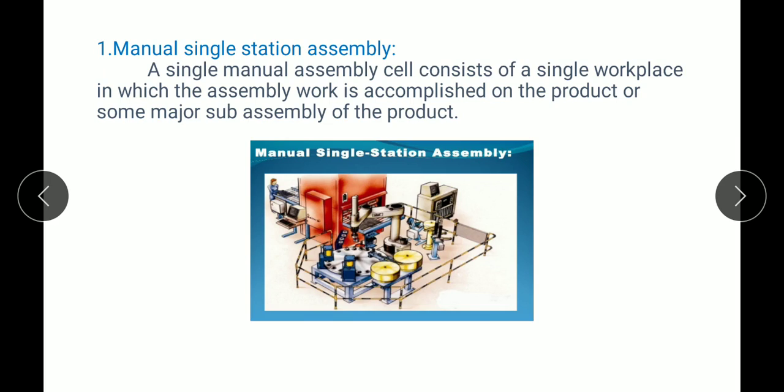Okay, so when we use manual single station assembly, what are the characteristics? It is run manually and consists of only one workstation, and may use one or more workers. With only one workstation and a minimum number of workers, high skill is required.